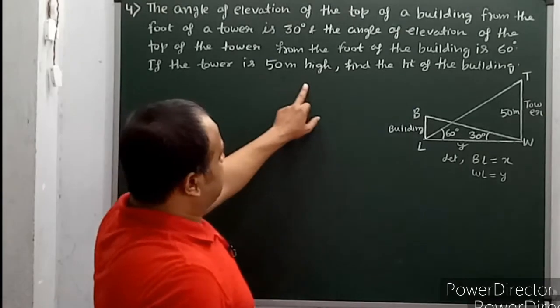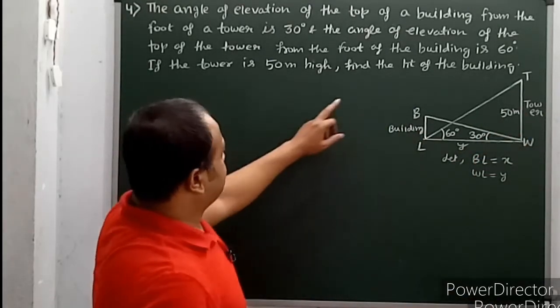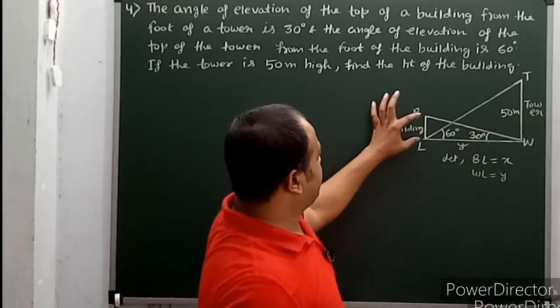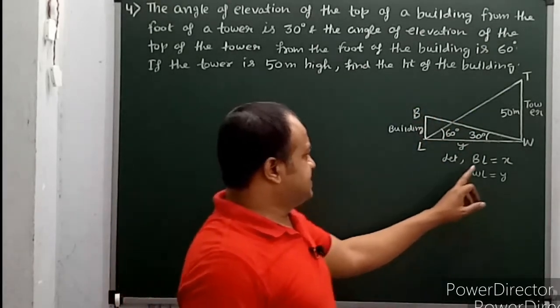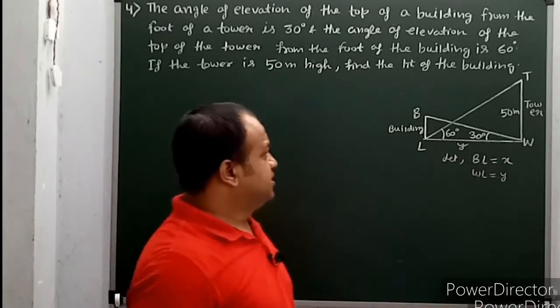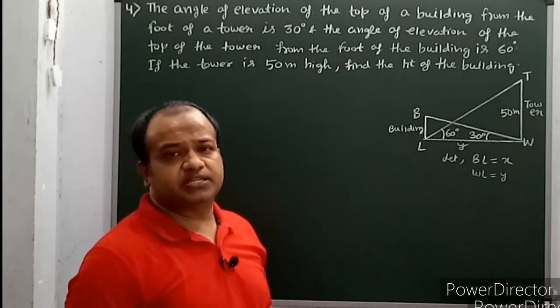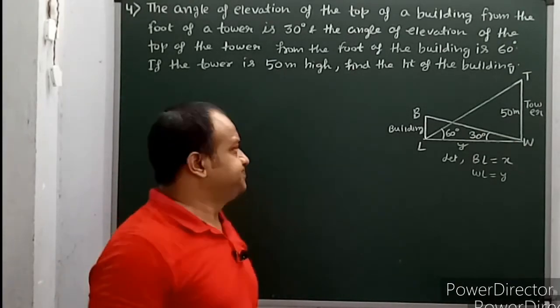Now, the height of the tower is 50 meter given, means TW is 50 meter. You have to find the height of the building, you have to find BL. So, let us assume BL equals to X and WL equals to Y. Here also perpendicular and base is involved, so we will be applying the formula tan theta.